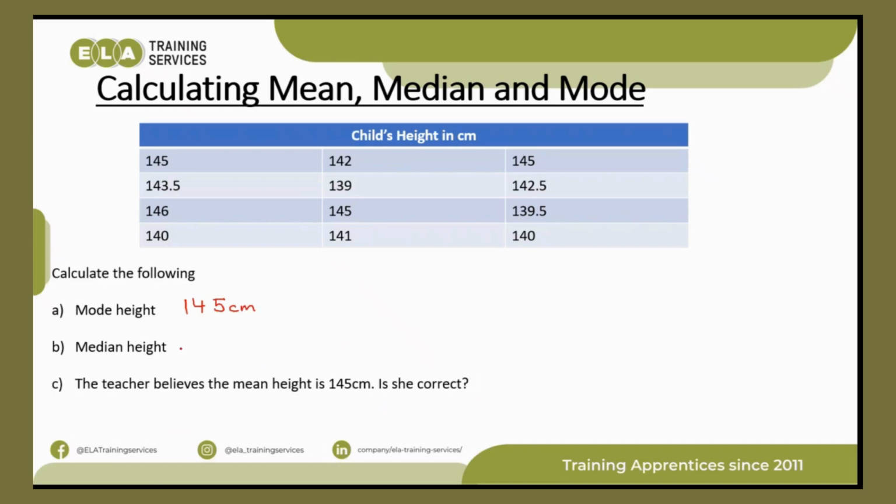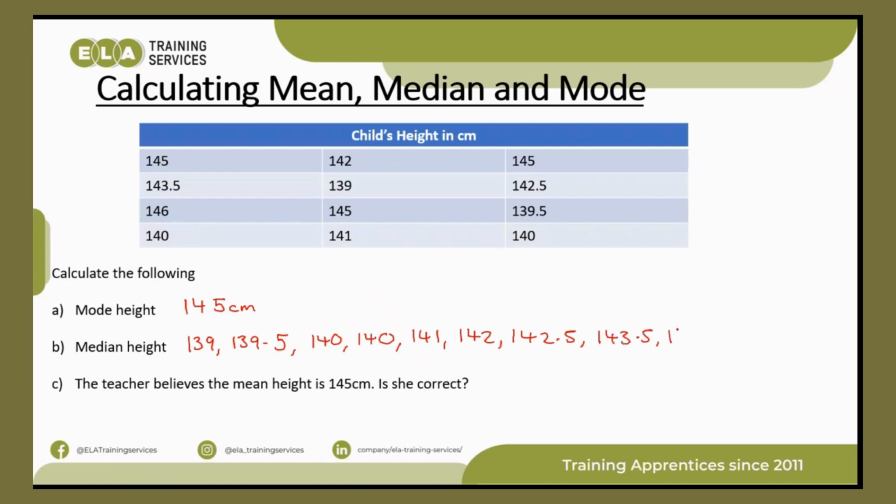Then we're going to do our median. So our lowest number is 139. Then I've got 139.5. Then 2 lots of 140. Then 141, 142, 142.5, 143.5.